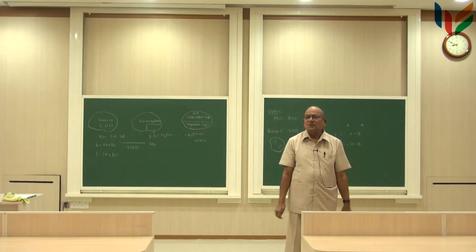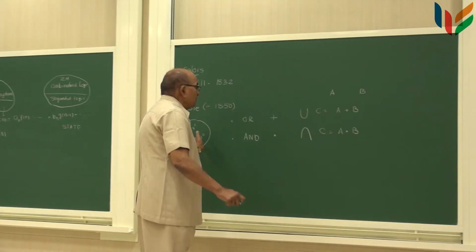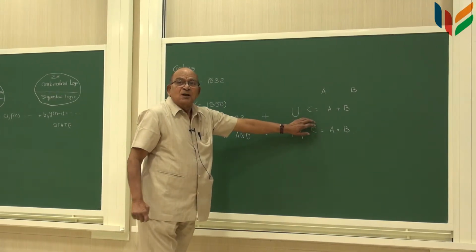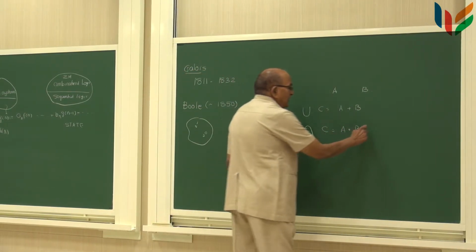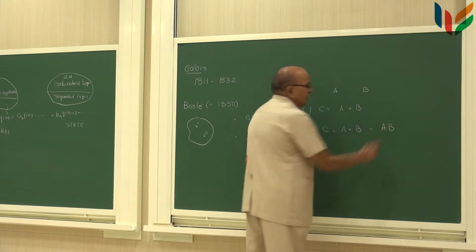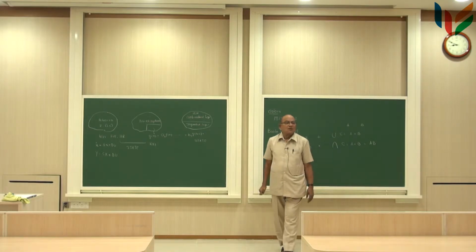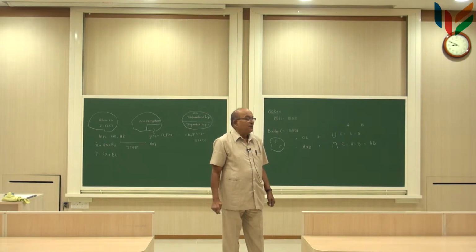So it has to be back in the same set, so this also has to be either 0 or 1. And sometimes even the dot is not put here, you write AB. Understood, there is a dot in between.